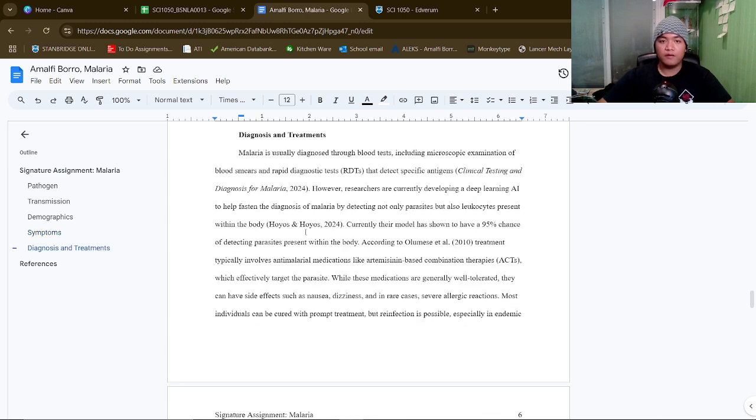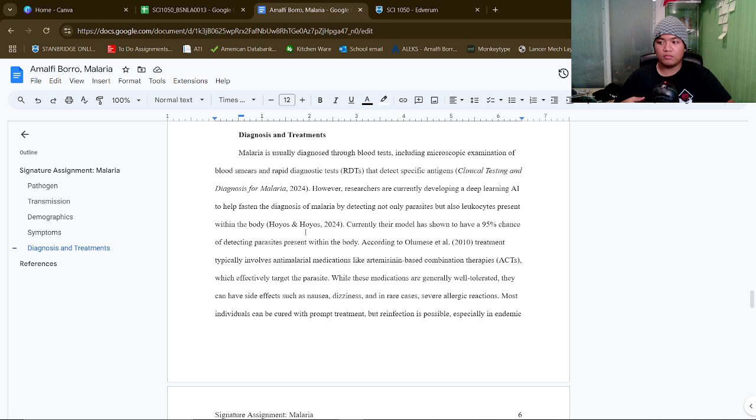For diagnosis and treatments, currently there are some AIs that can help diagnose malaria present in a person's body. They do this by taking a blood sample that detects parasites and also leukocytes present within the body. In a model by Hoyos and Hoyos, they showed a 95% chance of detecting parasites within the body, and about a 92% chance of detecting the amount of leukocytes present.